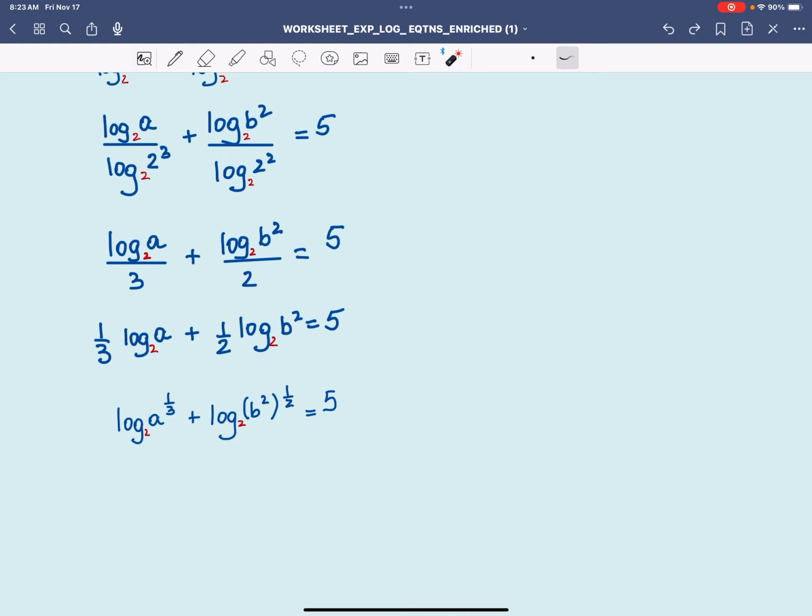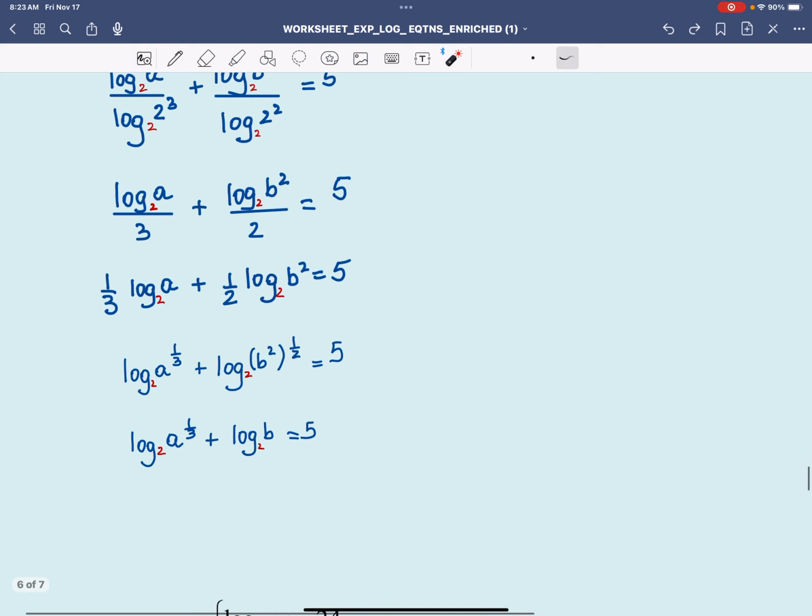Now with a little bit of TLC, these terms can look slightly better. The only change I made in here is 2 to the power 1 over 2. That becomes a power 1. And now I would say with 100% confidence that we're ready to combine these two terms.